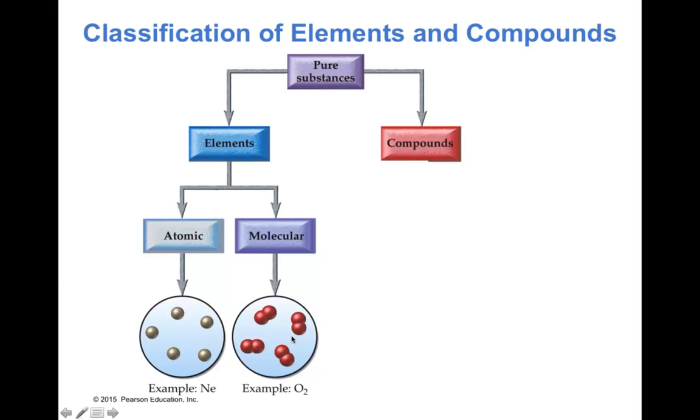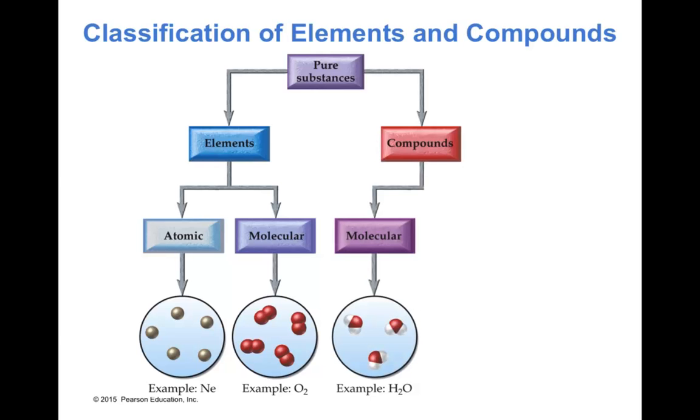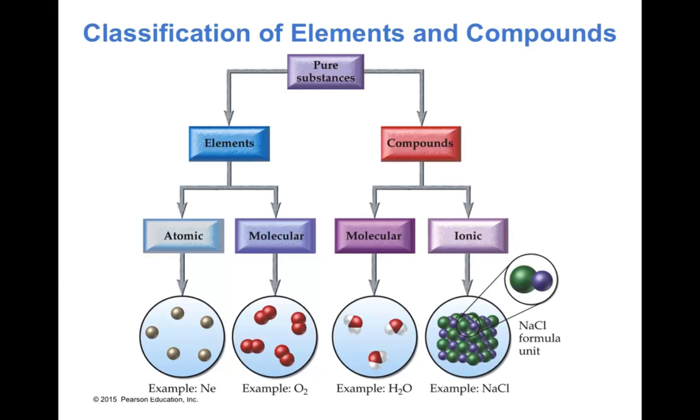It is the same with chlorine, Cl2, and iodine, I2. Those are elements from a molecular perspective, as molecules. When we have compounds, we have two types. One of them is the molecular one, and here we have an example, H2O. We can also have ionic compounds, as we can see here, sodium chloride, and you can see that sodium is a metal. That's why, when you have a metal as part of the chemical formula, those compounds are classified as ionic compounds.